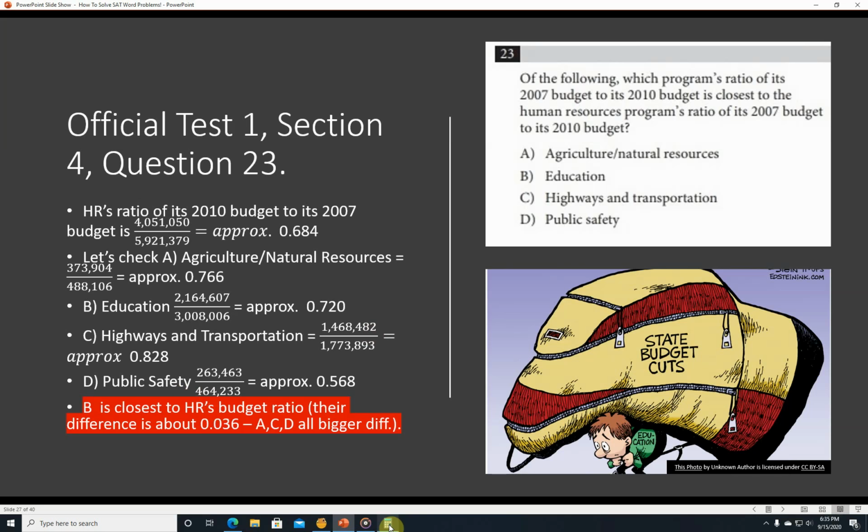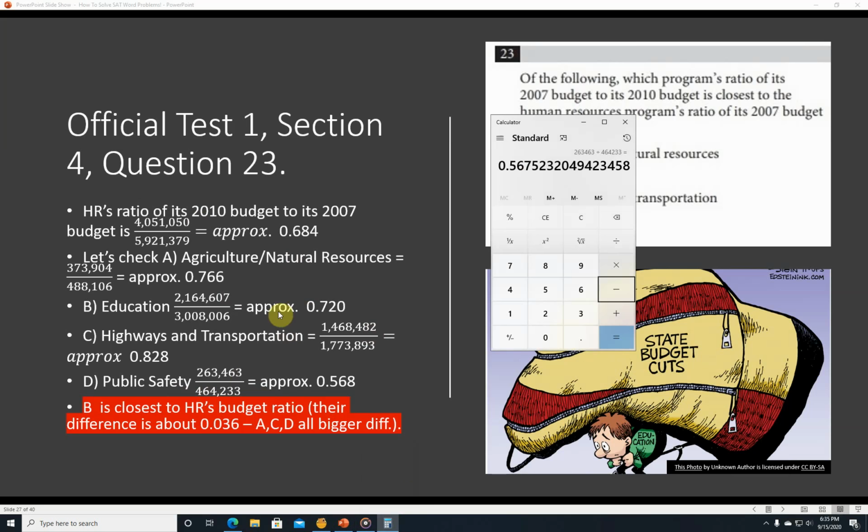So their difference is going to be roughly 0.720 minus 0.684, which is 0.036. So the A, C, and D, we can see they're all bigger differences.